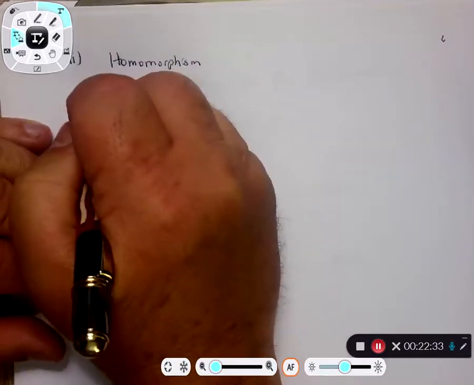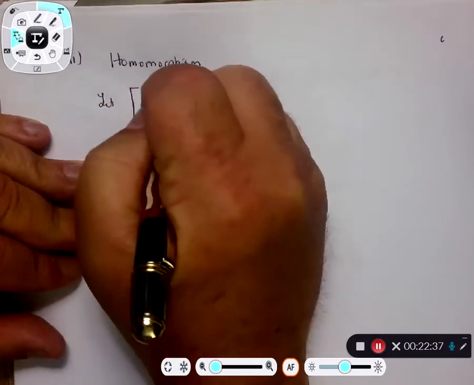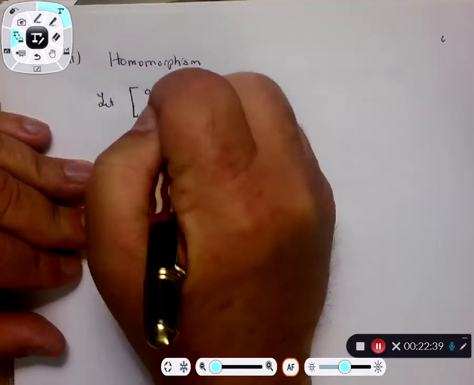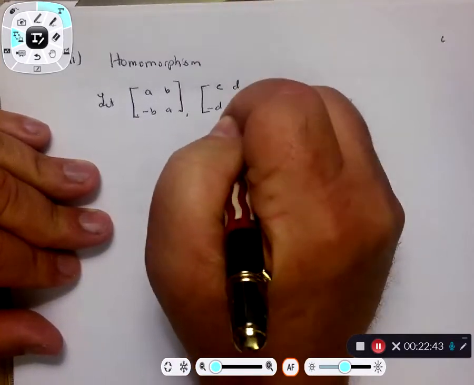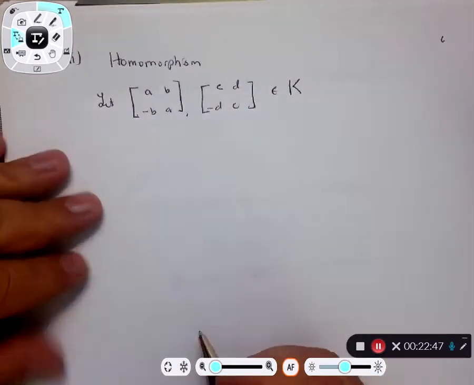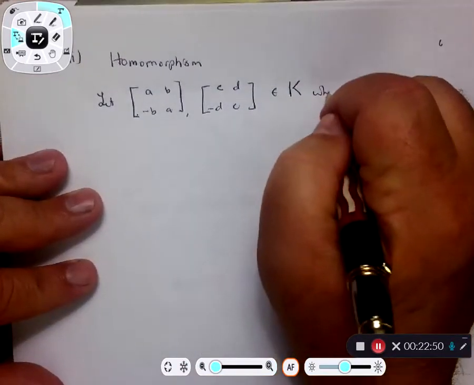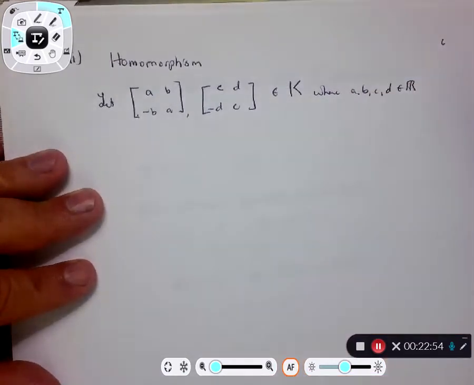So once again, let the matrix a, b, negative b, a and the matrix c, d, negative d, c be elements of K, where a, b, c, and d are real numbers.